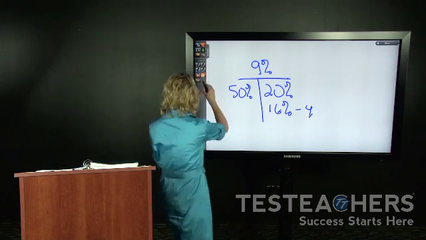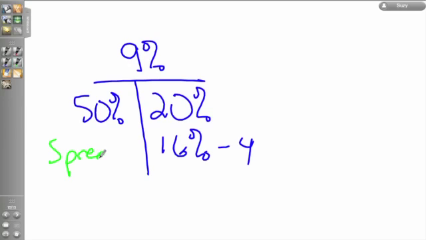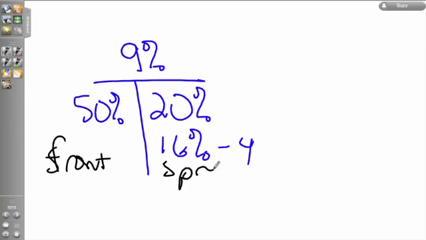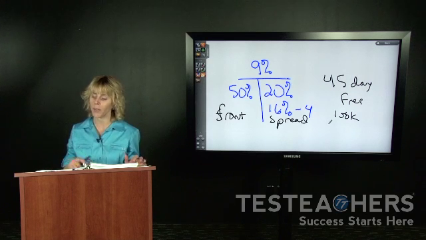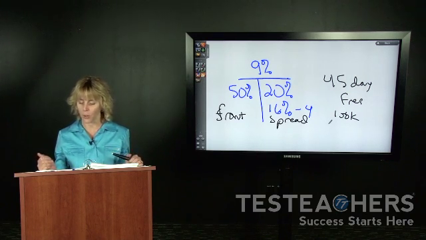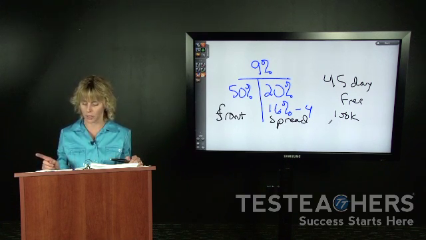So both plans, both the spread and the front-end load, have to have a 45-day free look, where if the client wants out of either of these in those 45 days, they will get a refund of net asset value plus all sales charges.